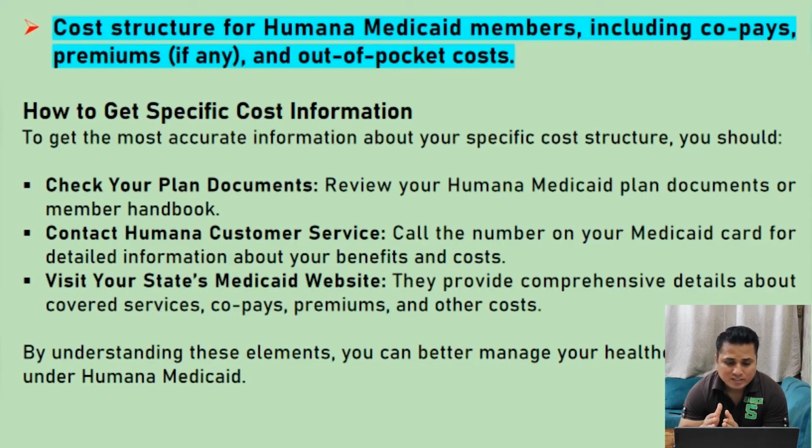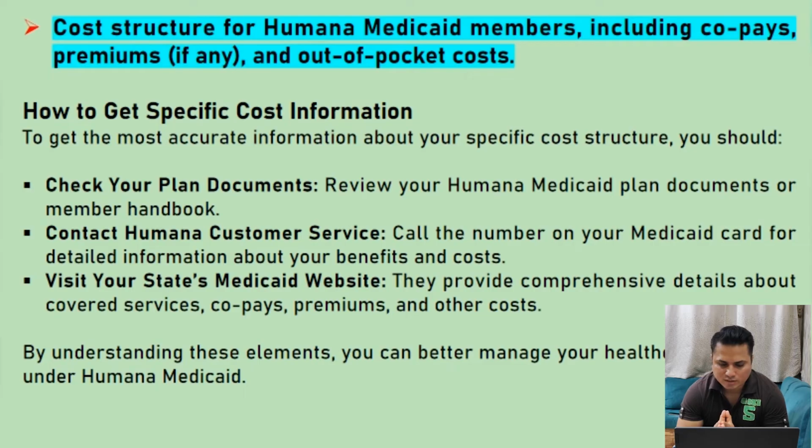How to get specific cost information. Now, cost structure of Humana Medicaid members, including copays, premiums, if any, and out of pocket cost. So, here is how to get specific cost information. To get the most accurate information about specific cost structure, you should check your plan documents, review your Humana Medicaid plan documents or member handbook.